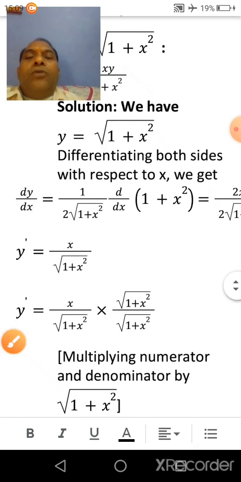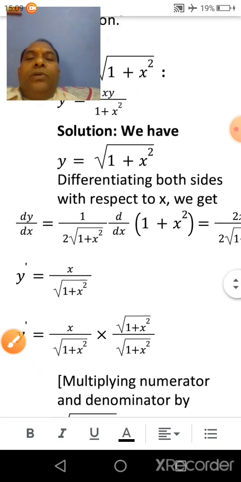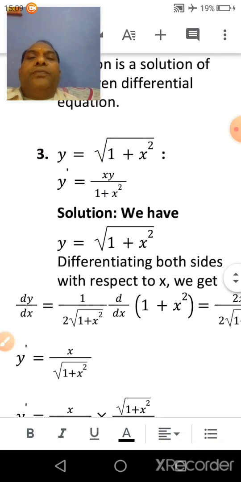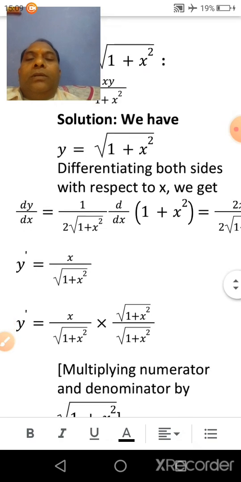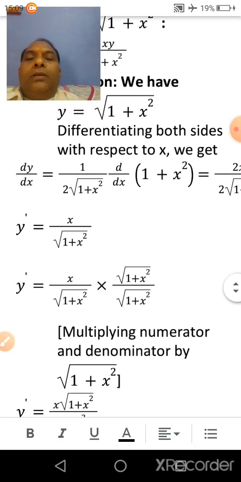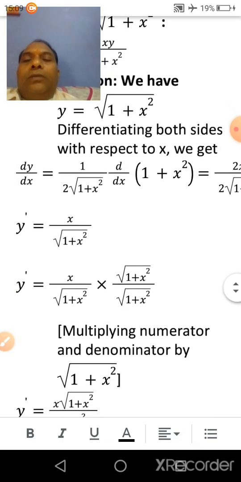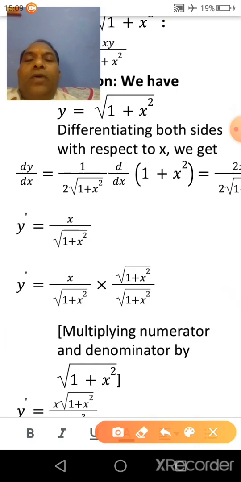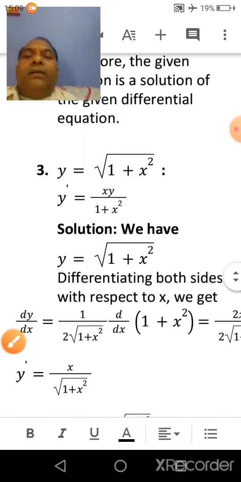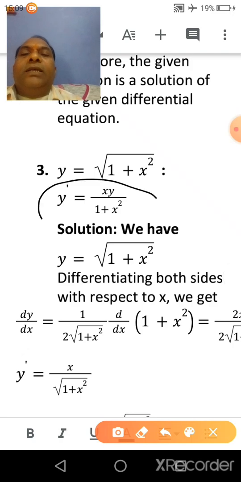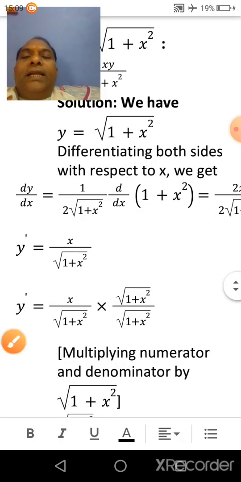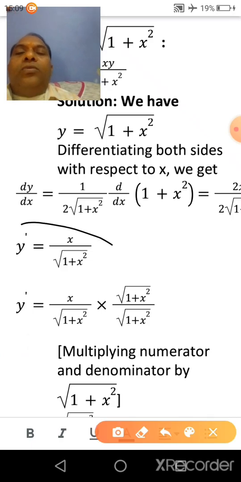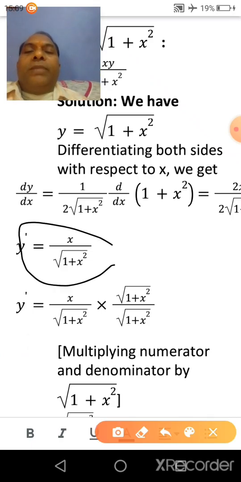Now put the value. So now according to given differential equation, y dash is equal to xy upon 1 plus x square, and here y dash is equal to x upon root 1 plus x square.